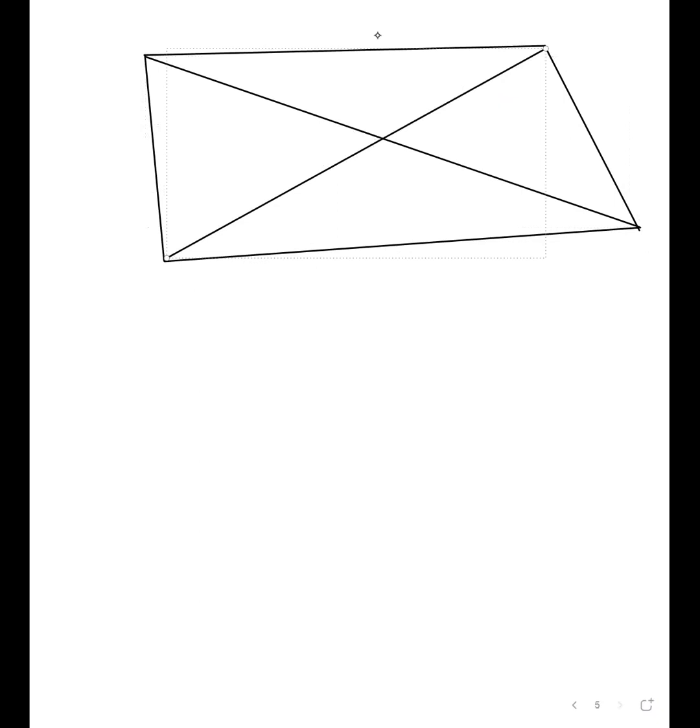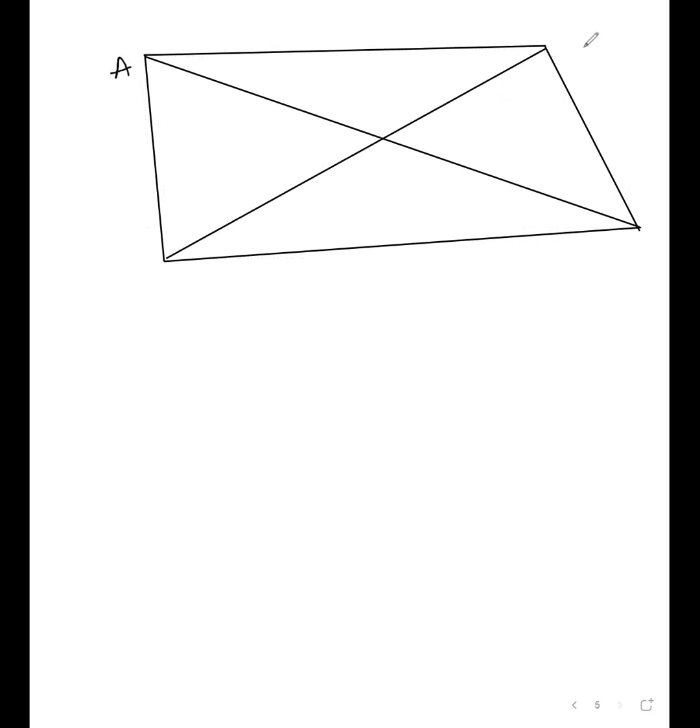Let me draw the quadrilateral once again. And this time, we are going to look at the four small triangles. Okay. We're going to look at the four small triangles.